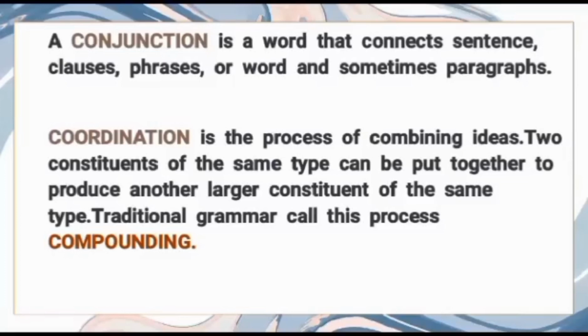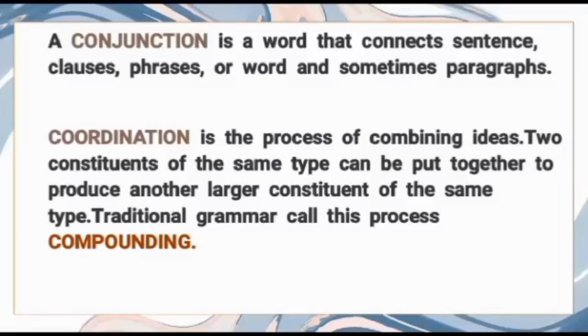And we have here examples of coordinating conjunctions. I wasn't able to bring it in the slides, but take note. There are 7 coordinating conjunctions. You can remember them using the acronym FANBOYS.